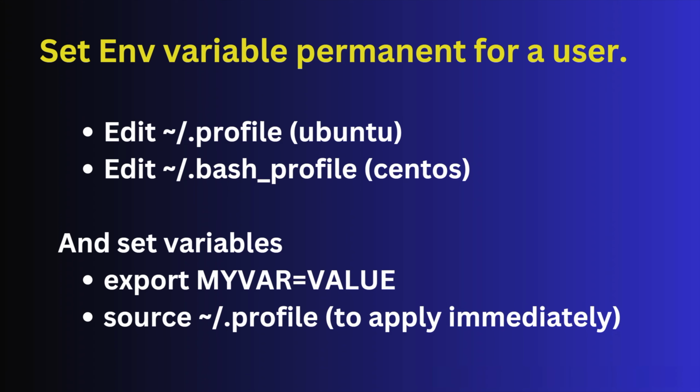Now let's cover how, for a user, we can set the environment variable permanently, so that whenever you log in to the server with your username, the environment variable will be available for you to use.